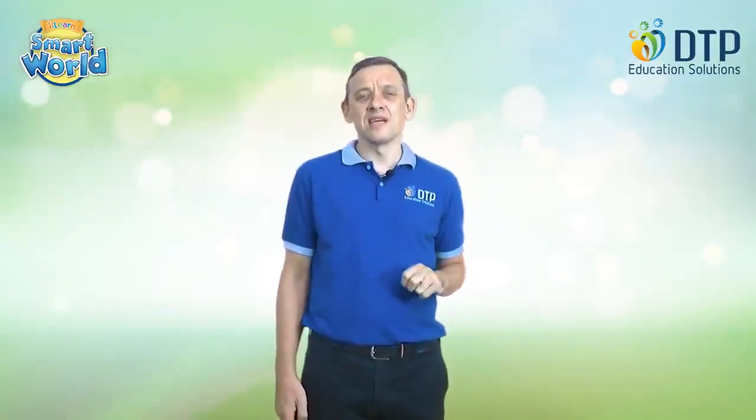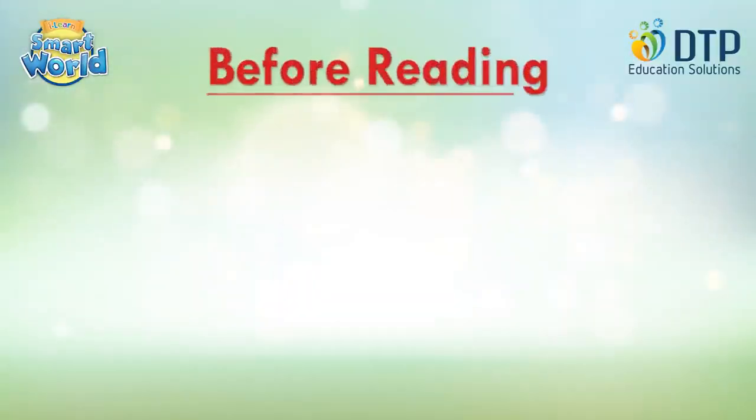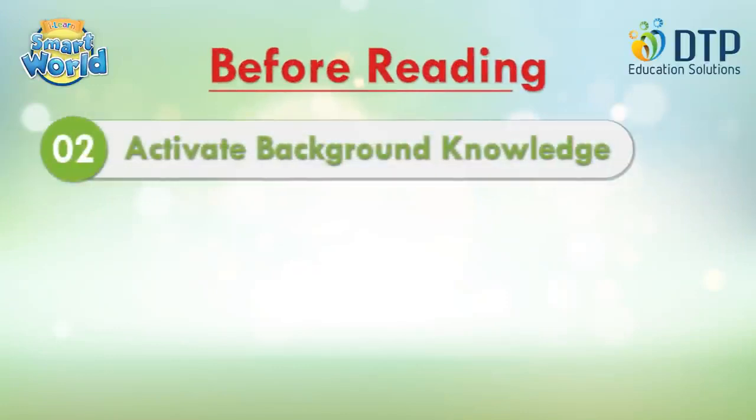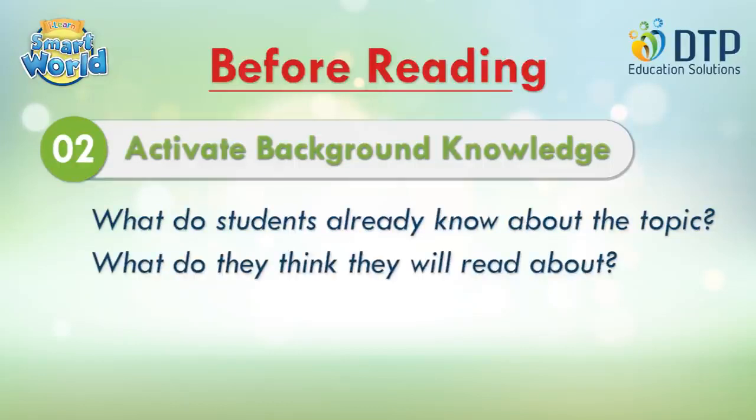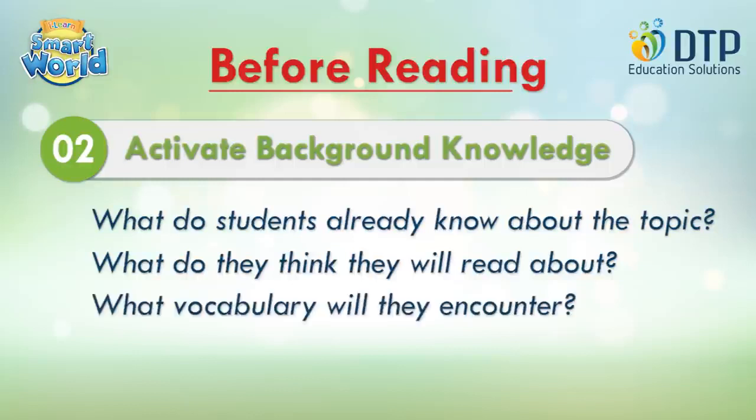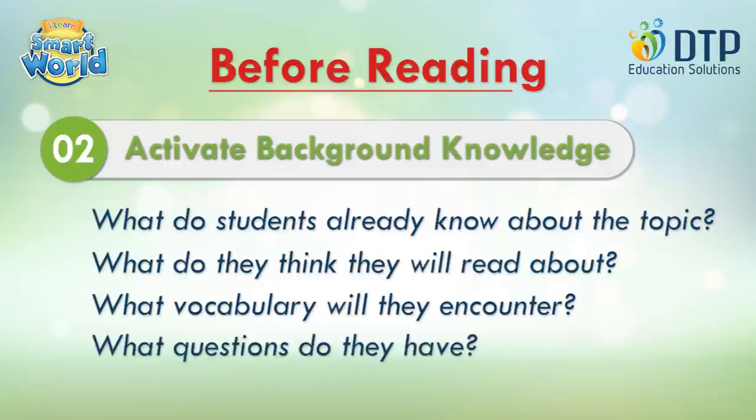The second thing we look at is that we want to activate background knowledge. So we want to say, what do students already know about the topic? What do they think they will read about? What vocabulary will they encounter? And, if possible, what questions do they have about the text?